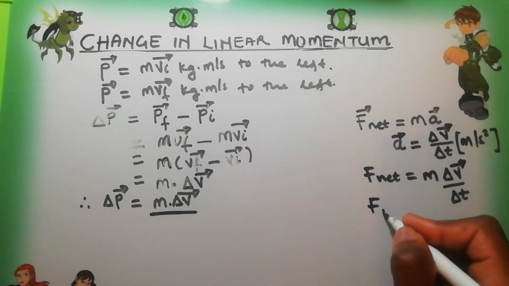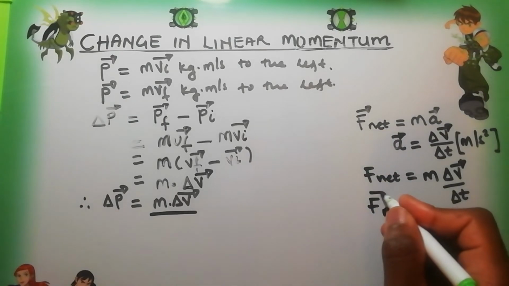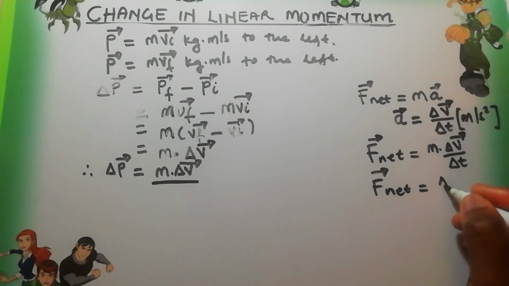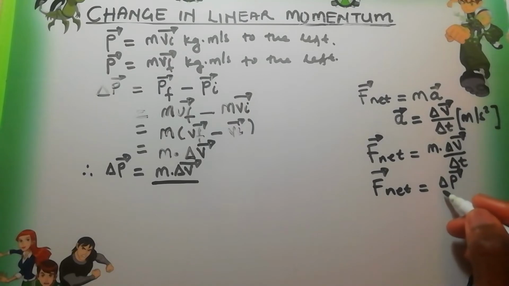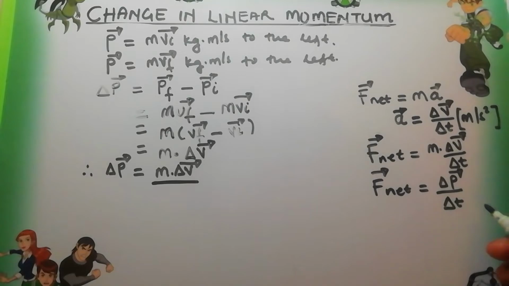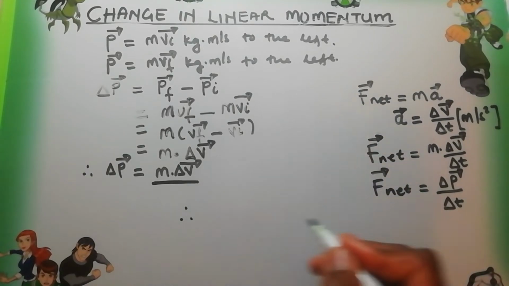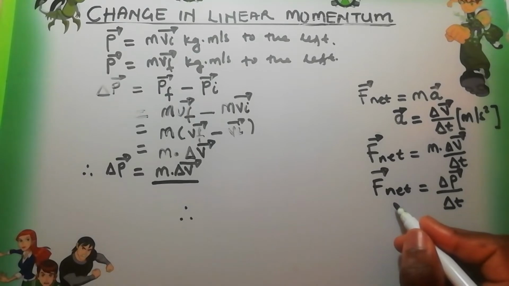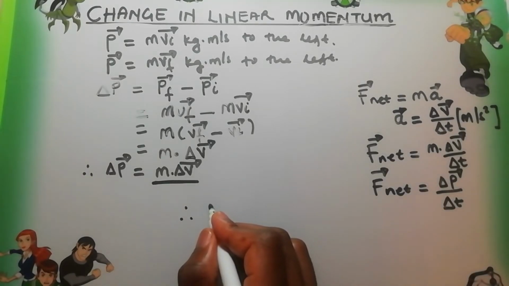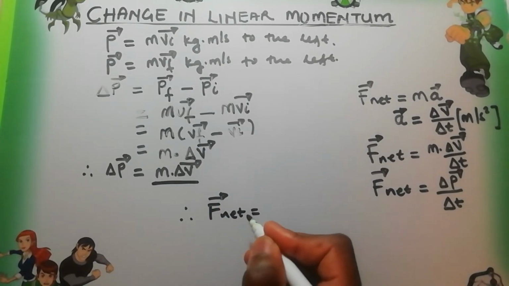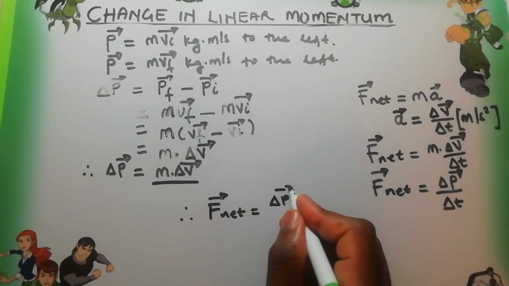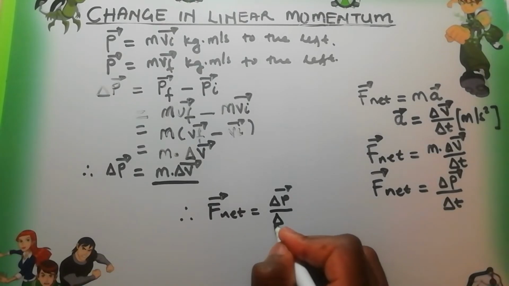So it's going to be F net equals, okay, force is a vector, change in momentum, because this is change in momentum over change in time. So therefore we have our new formula for calculating F net, or net force. F net equals change in momentum over change in time.